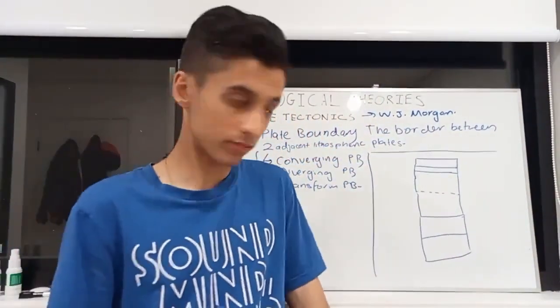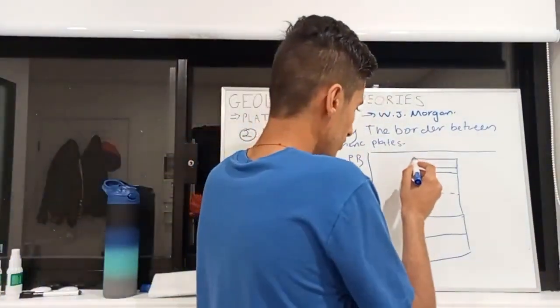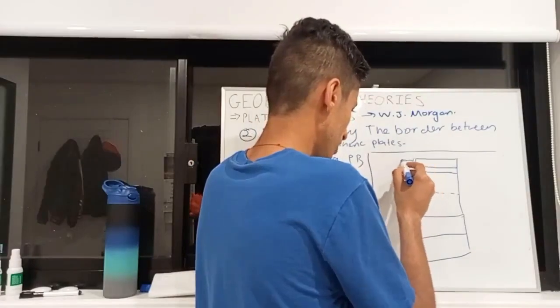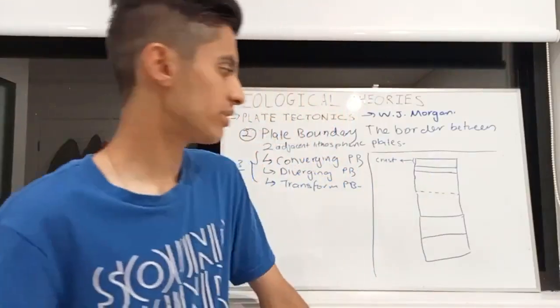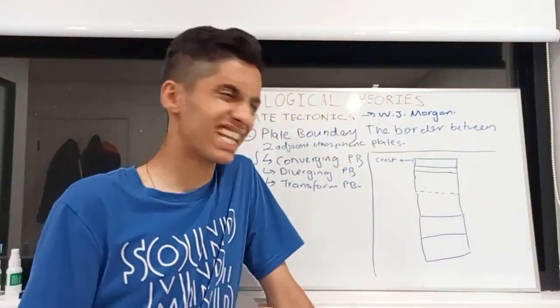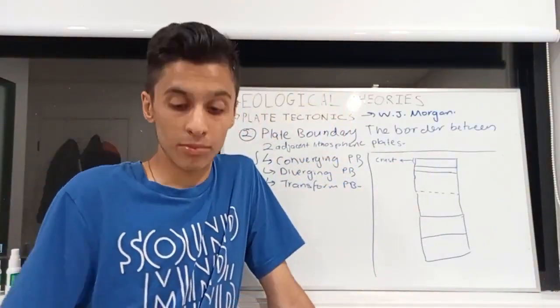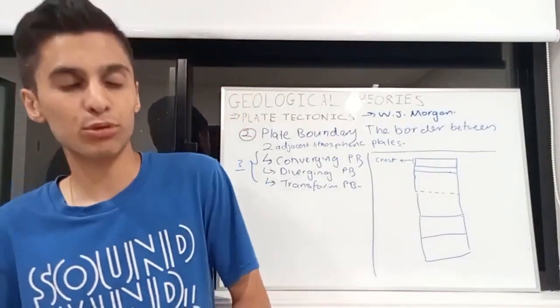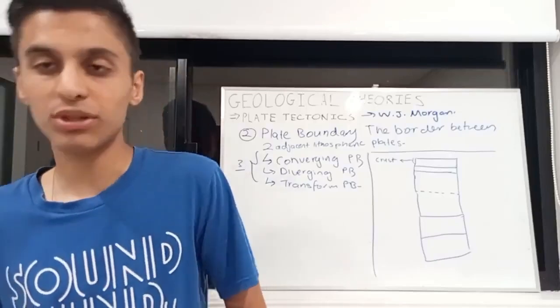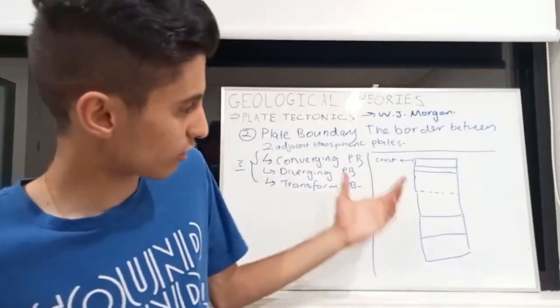This first part is my crust. This is the part that they say is as thick as apple skin when you consider the apple as the earth. So this is the crust.